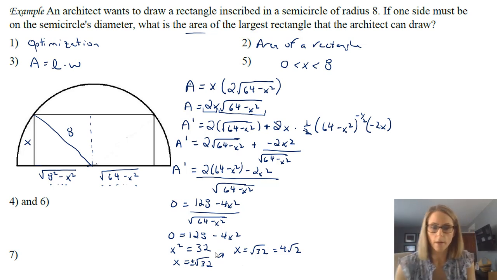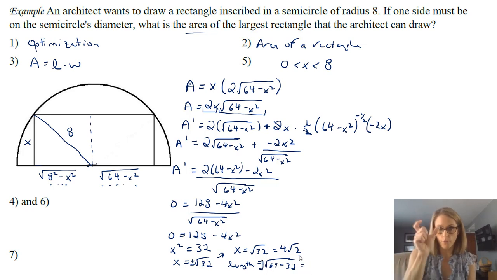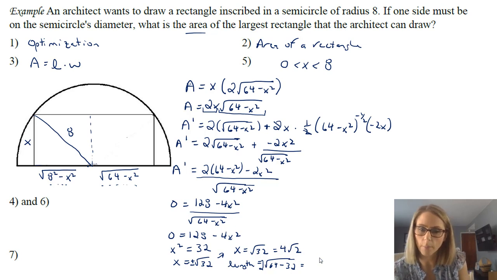Now if I want the bottom, let me just think about the length here. That's going to be the square root of 64 minus x squared, so that would be 32. And I should put a 2 on this if I want the full length of the rectangle, because there's 2 of them. So that's going to be 2 root 32, which would be like 8 root 2.